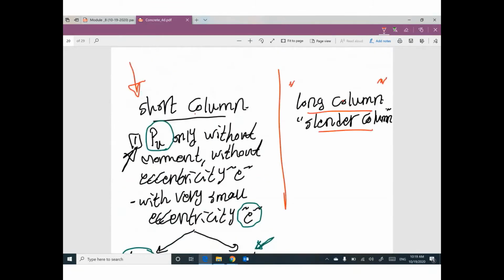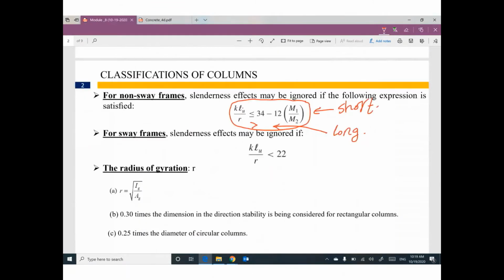Just to remind you guys, K is a factor. Do you remember? Your column is hinged, or fixed, or fixed-free, or fixed-hinged, or whatever. L u is the unsupported length. K times L u is called the effective length of the column.